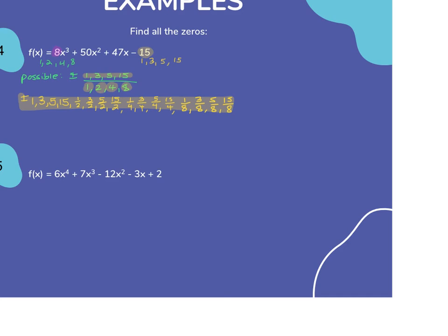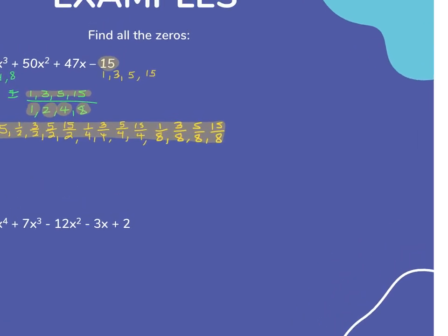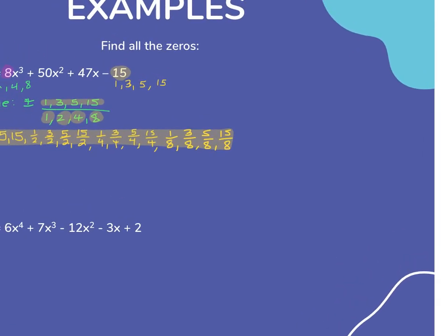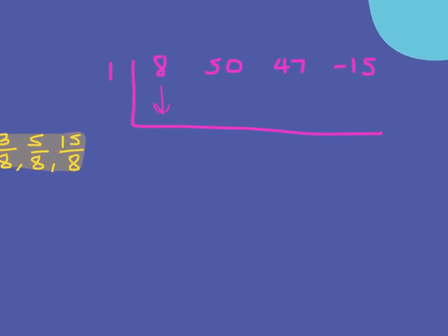So I'm going to start with 1 on the outside, and I'm going to rewrite my coefficients. So 8 from here. 8, 50, 47, negative 15, and the first thing I'm going to try is positive 1. So I bring down the 8, 8, 58, 58. This is already way too big, so I know positive 1 doesn't work.